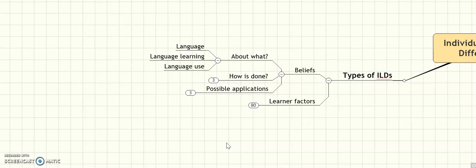Also, beliefs about language learning, for example. It depends on our understanding of what learning is. In the old days, behaviorism believed that language learning is basically habit formation. So this is what is called behaviorism.